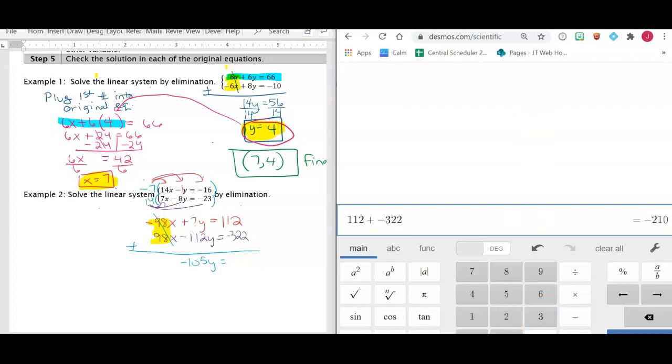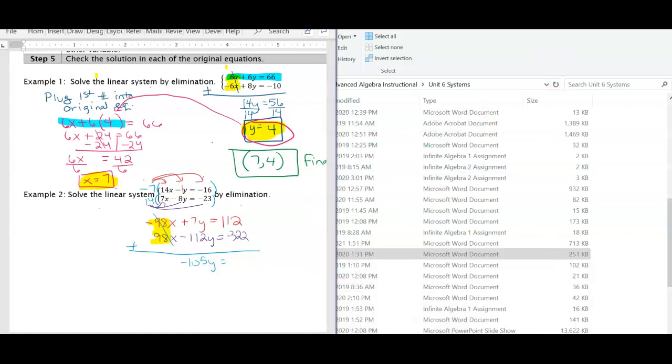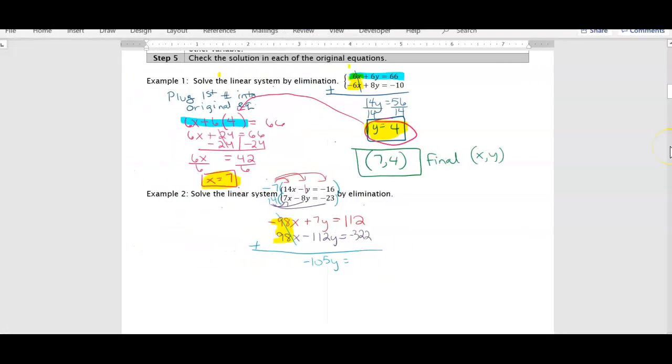And I get -210. Then my last step here will be to divide each side by -105. So y equals, and if I divide these two things, -210 divided by -105, I actually get the answer of 2.